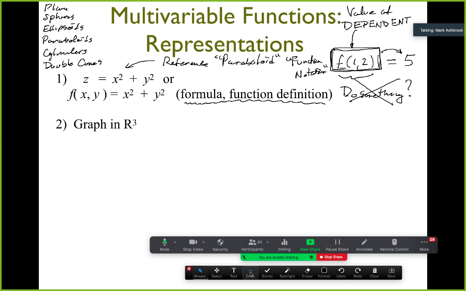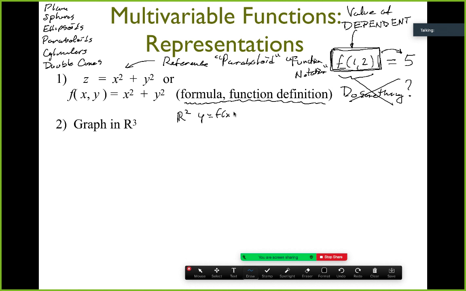So let's talk about R2, where we had a single variable, real-valued function. Our customary convention is to have the x-axis, the horizontal axis, be values of the independent variable, and for every one of those, the function gives us a value of the dependent variable, f of x, shown as height above or below the x-axis.